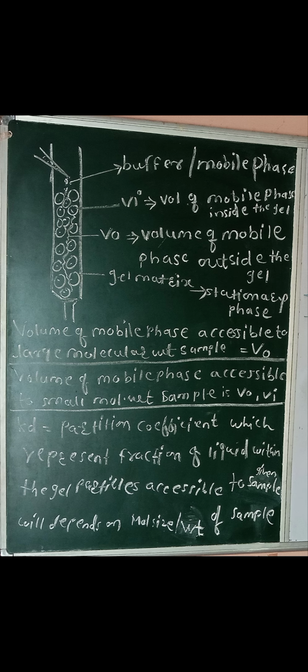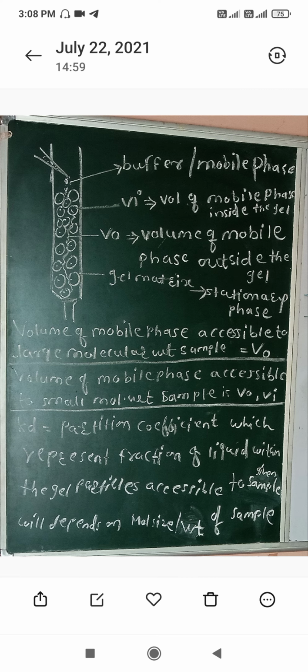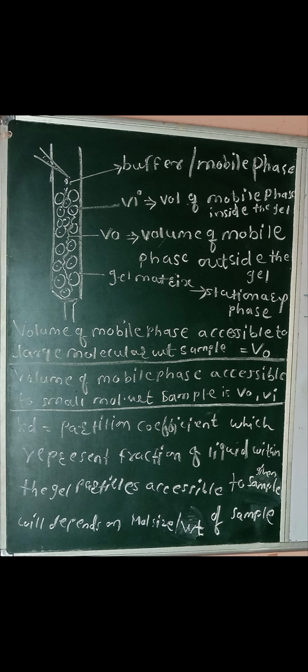So after removal of the large molecular weight protein, the small molecular weight protein present inside the gel beads first experiences the volume of mobile phase present inside the gel bead, and after some time when it comes out from the gel bead pores, the volume of mobile phase accessible to the small molecular weight protein is V0 also. So both V0 and Vi are taken into consideration for the volume of mobile phase accessible to the small molecular weight protein.